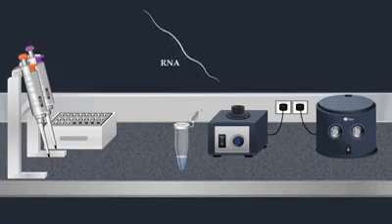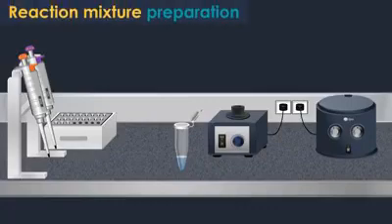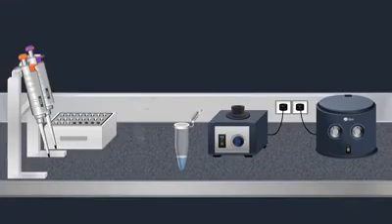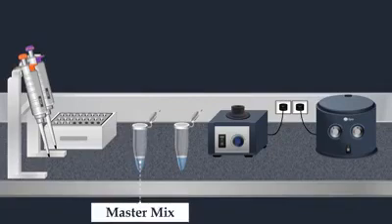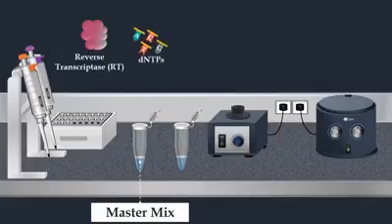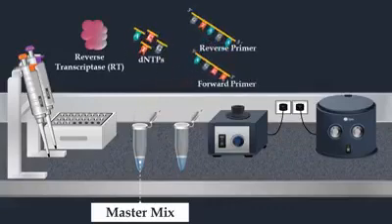After the extraction of the viral RNA, the next step is the preparation of the reaction mixture for PCR amplification. In this step, a master mix is used, which is a premixed concentrated solution that consists of buffer, reverse transcriptase enzyme, nucleotides, forward primer, reverse primer, TaqMan probe, and DNA polymerase.